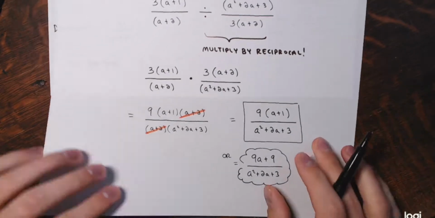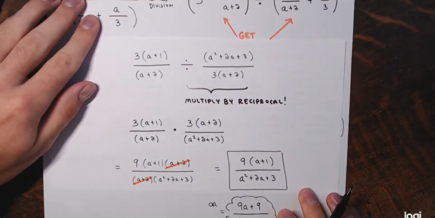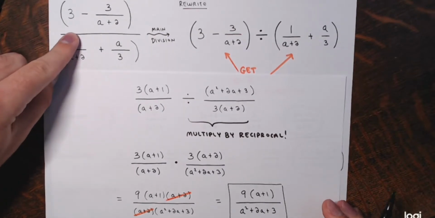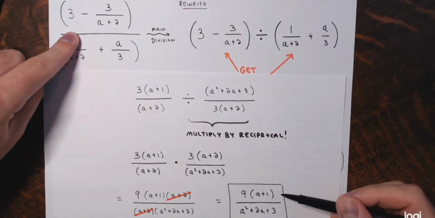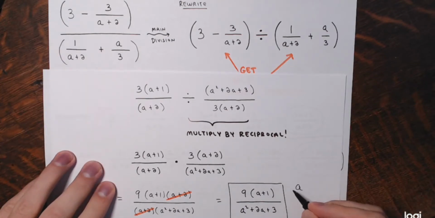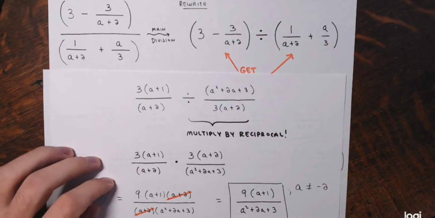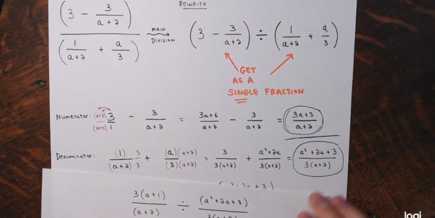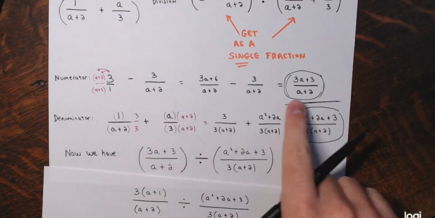So that expression we were given in the very beginning, this complex fraction here, is equal to this fraction I got at the end for any value of a except -2. And let's see, are there any other scenarios where something is in a denominator? -2 would make all these denominators 0.